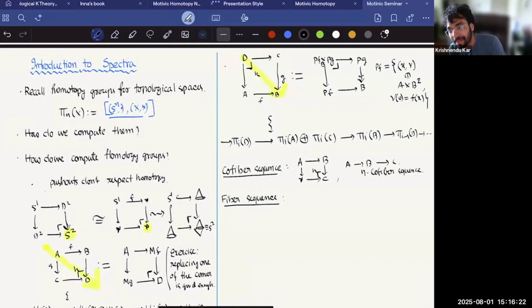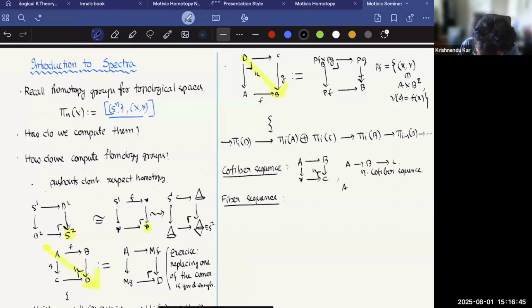Note that if I have a homotopy cofiber sequence, in terms of homology I will get a long exact sequence by default. HiA, HiB, HiC, then Hi minus 1 A, and so on and so forth, right? This is your long exact sequence with respect to, which axiom is it? Was it the exactness axiom or something like that?